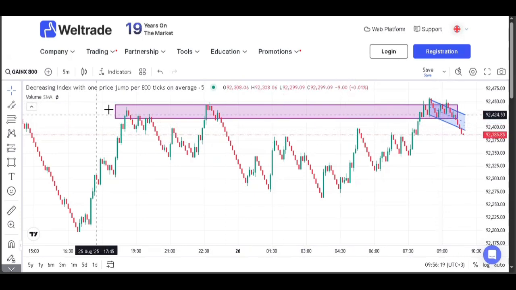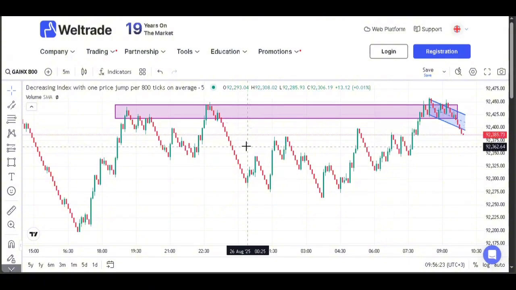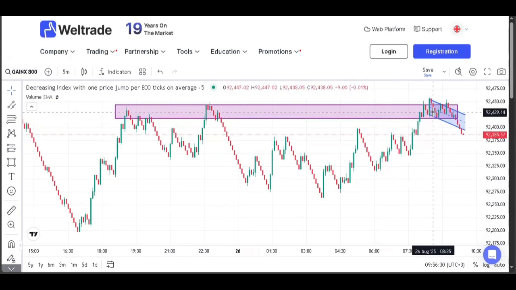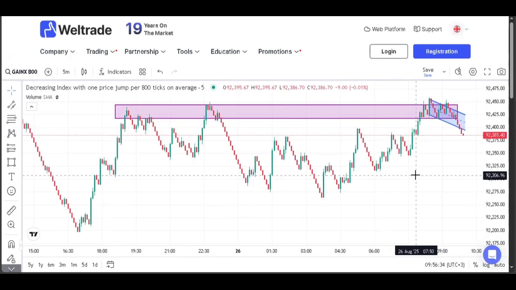Why? Because it's around this resistance area. So what you do is you look for a sell entry around this area. You cannot buy here. So that is how you should analyze the market when you are trading using the Weltrade broker.